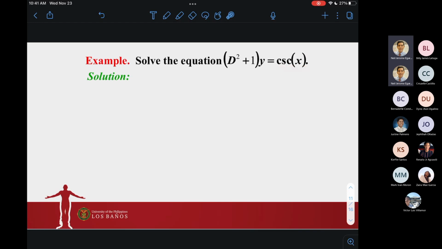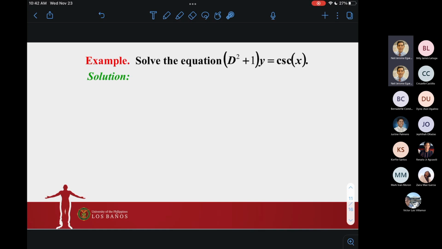Kasi nga, nakikita lang natin na solution base dun sa roots ng characteristic equation ay constant, exponential, at saka sines and cosines, and linear combinations of them. Wala tayong cosecant x na GLDE with constant coefficients. So, the method of undetermined coefficients will not work for this particular example kasi cosecant yung r of x. Kaya limited yung na-discuss natin last time.